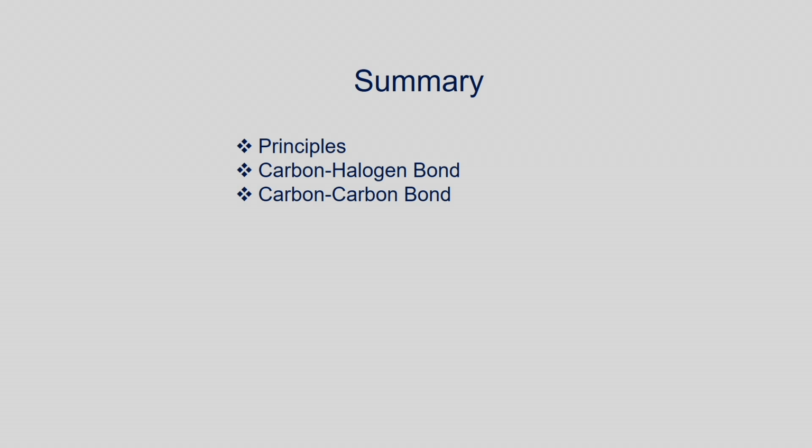In summary, in this lecture we have seen the principles of the formation of radicals and their application for carbon-halogen and carbon-carbon bond formation. Radicals can be generated in three ways.